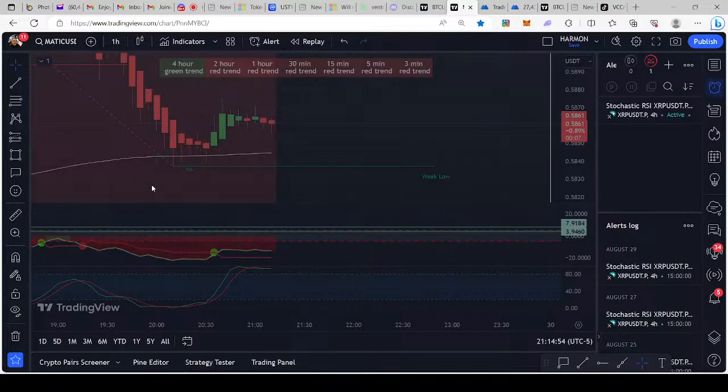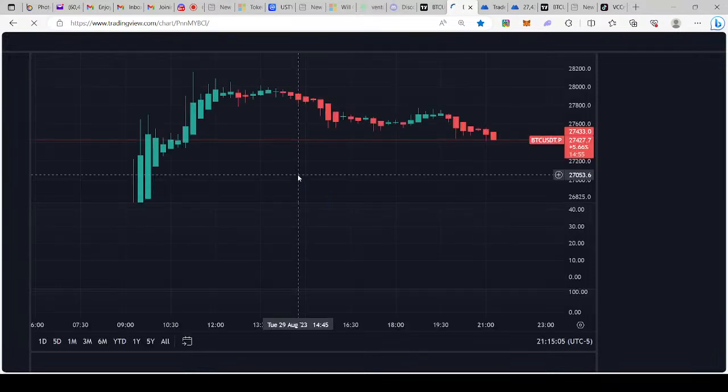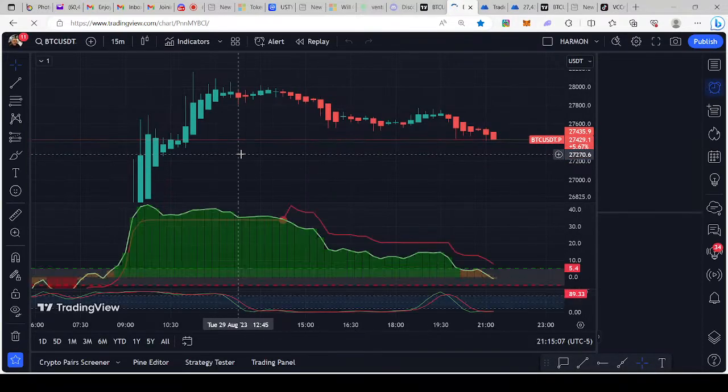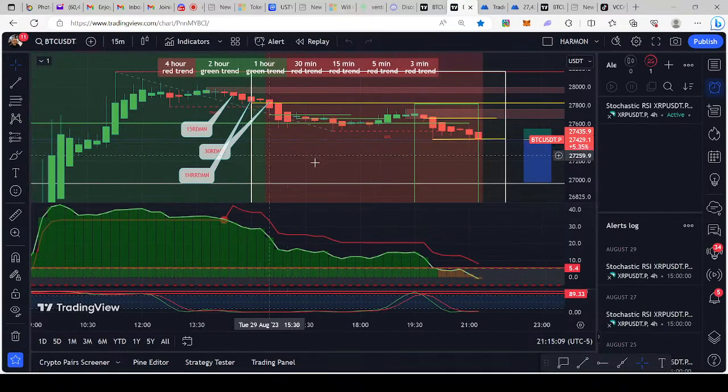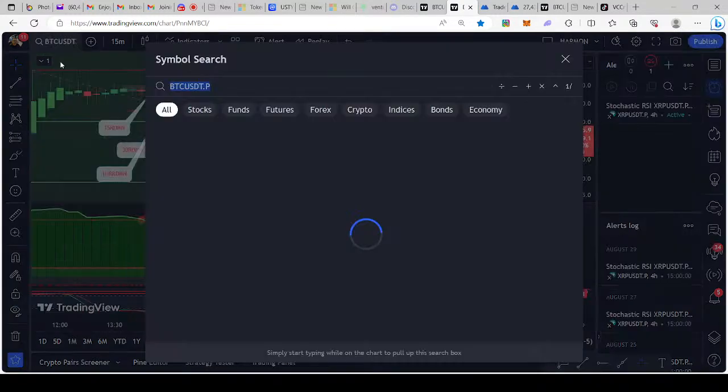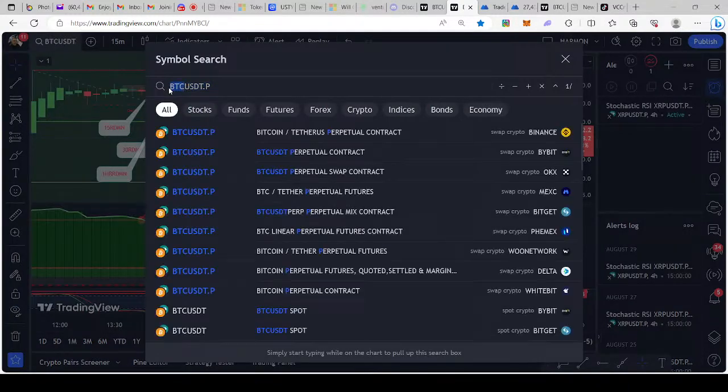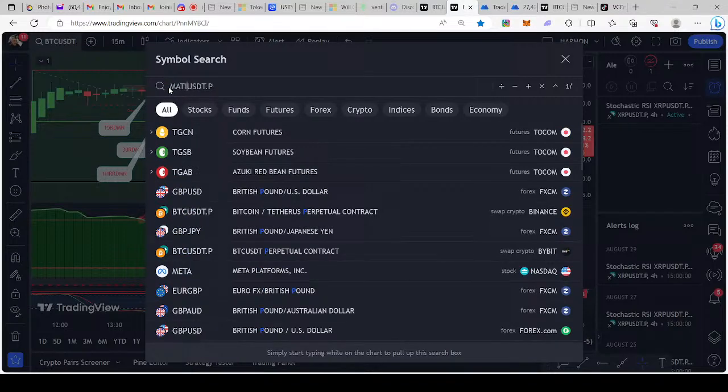So I want to look at the 1 hour. That's kind of key. So you see the 1 hour or the 15-minute? I'm on the 1 hour right now. All right, so what's the value at? It's in the green. It's high up there.